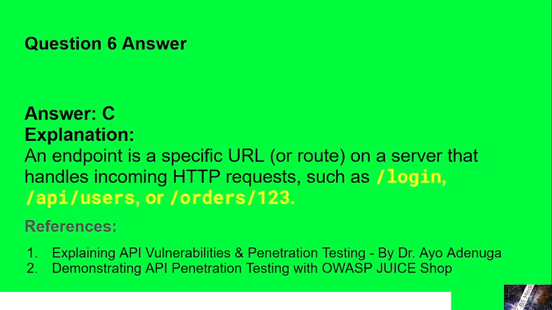It's about orders. And for detail on that, you can watch the video explaining API vulnerabilities and penetration testing. And you can also watch Demonstrating API Penetration Testing with OWASP Juice Shop, both on our channel here.